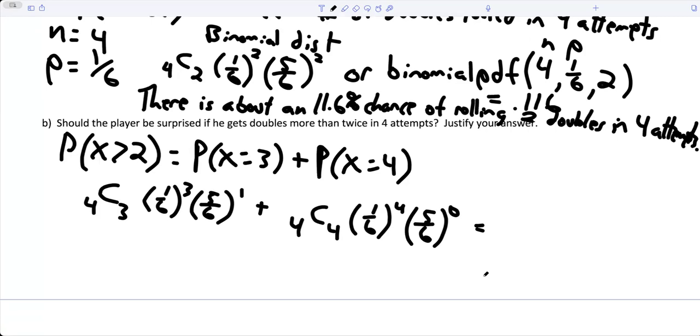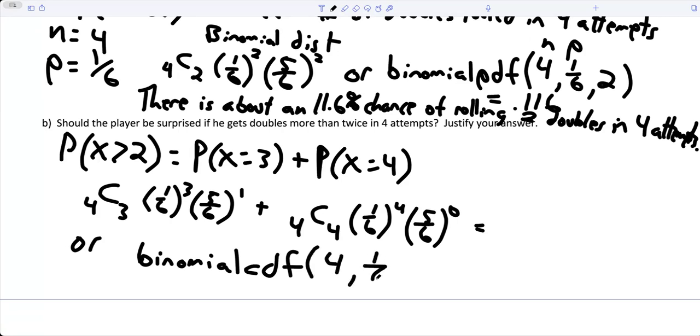Or let's use our calculator. So we're going to do binomial. And this time, if there's more than 1 here, which there are, probability that it's 3 plus the probability of 4, we're going to do binomial CDF of 4, probability of success is 1/6. My lower bound, in this case, would be 3. And my upper bound would be 4. And then label these, okay, in the binomial CDF. Because sometimes they get picky about the notation.